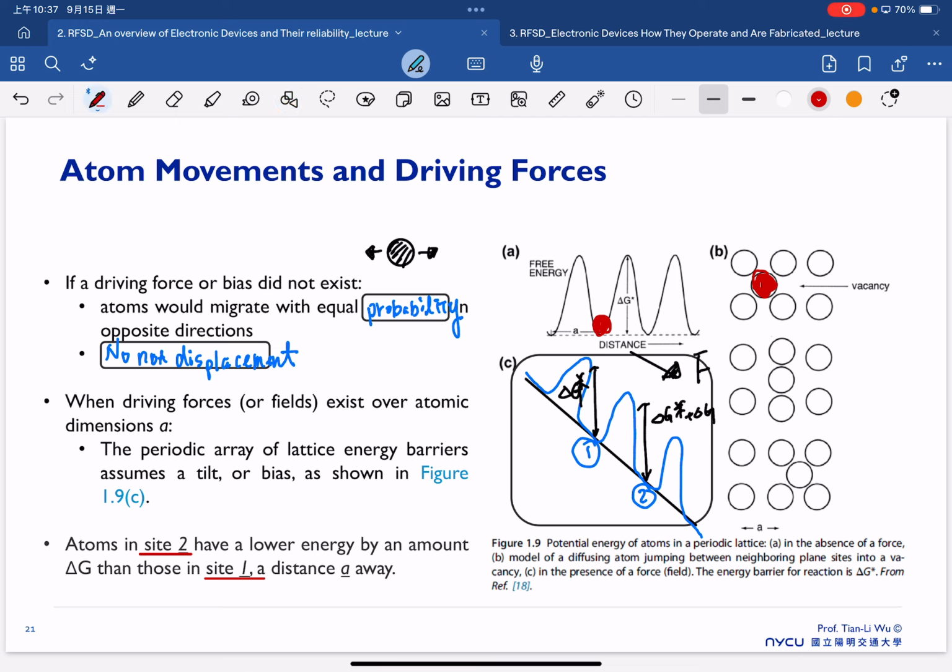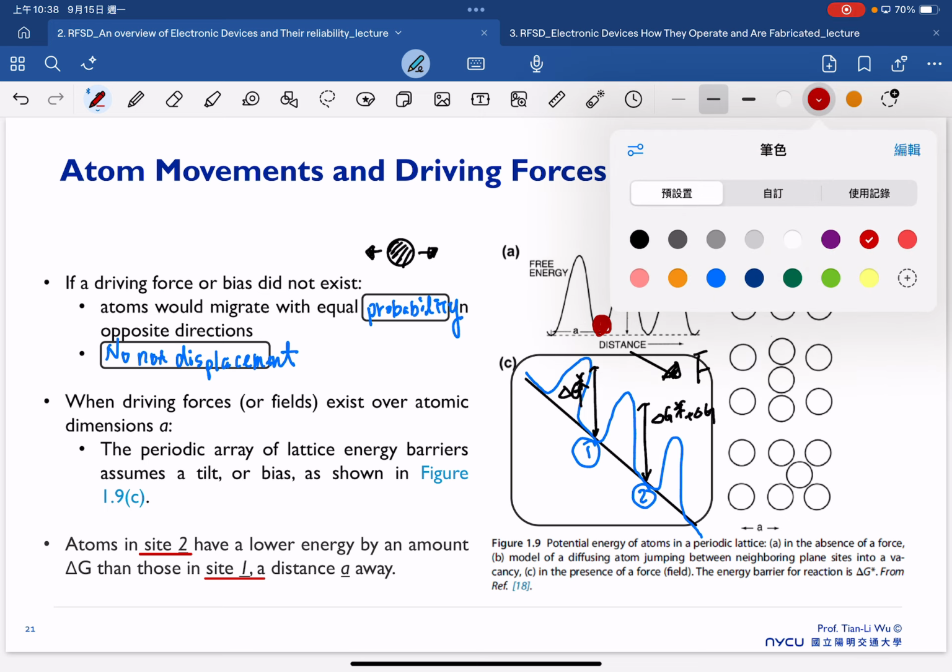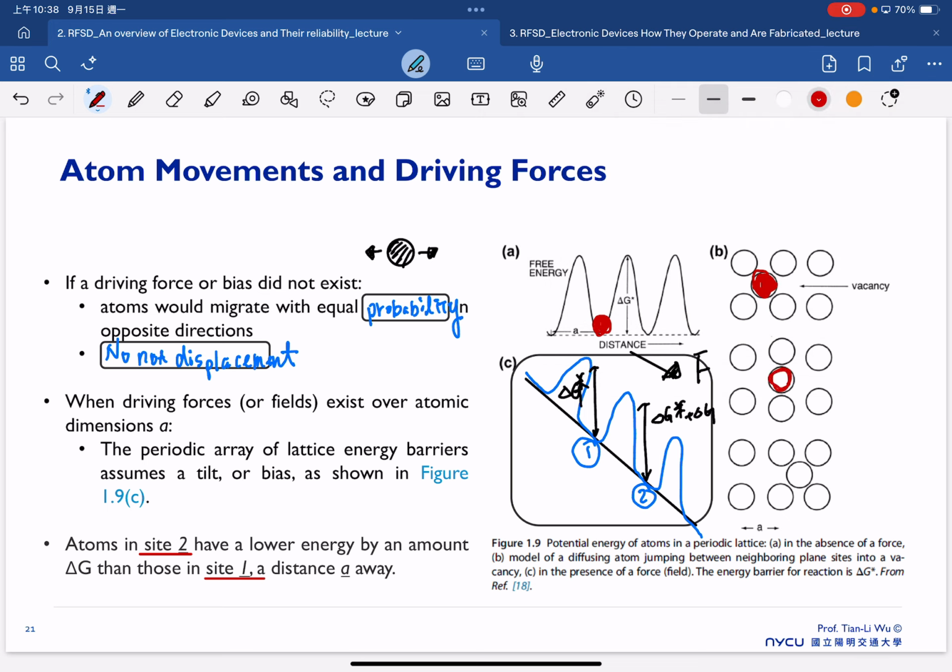Because of this lower energy, we can foresee the Altons starting to move from left to right. The conclusion is the same: the system wants to reach the lower energy, and because site 2 has a lower energy, we can expect this Alton to move from site 1 to site 2 with the additional force's help.